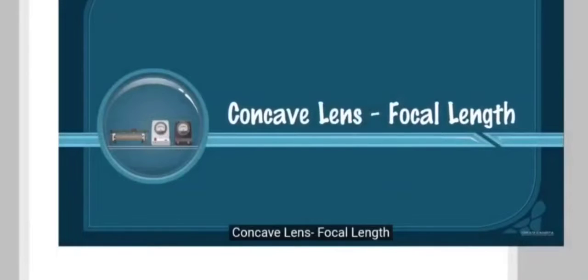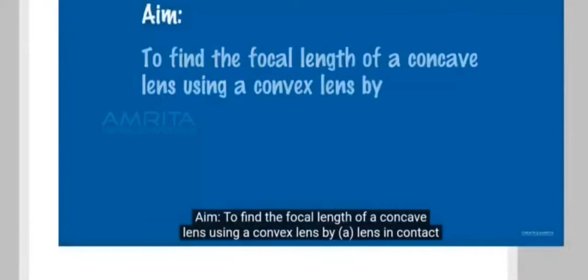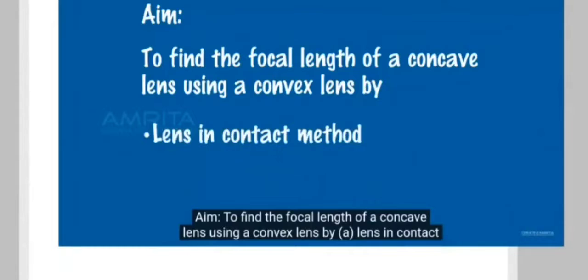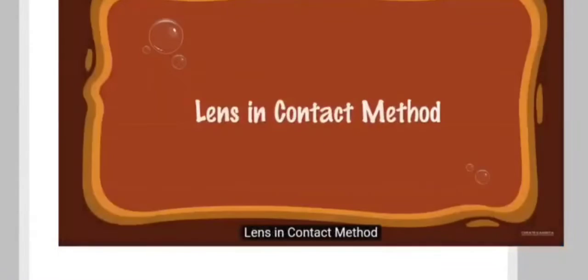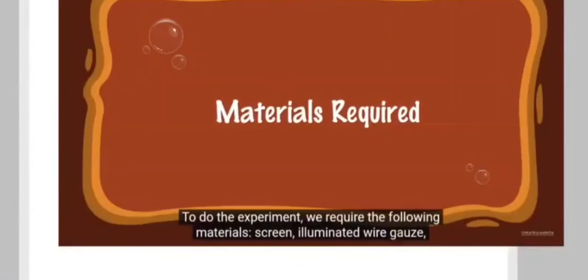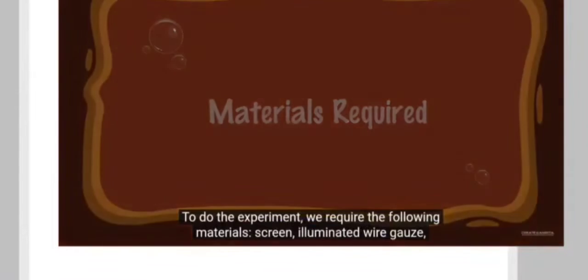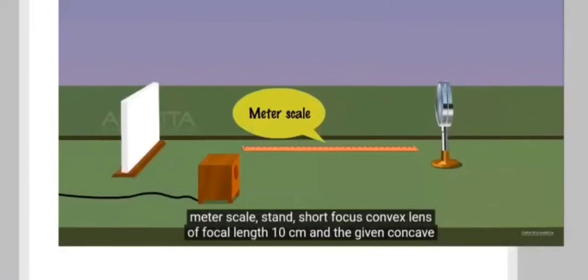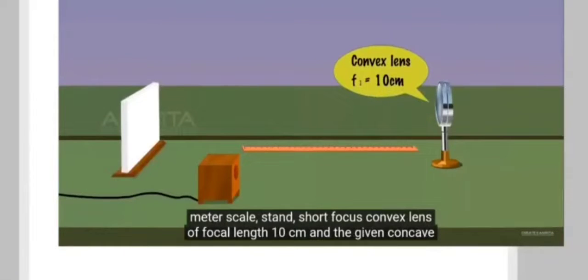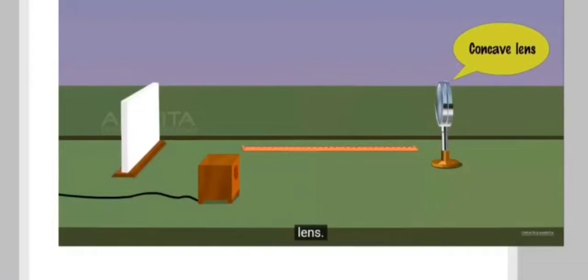Concave lens, focal length. Aim: to find the focal length of a concave lens using a convex lens by A, lens in contact method, B, lens out of contact method. Lens in contact method. To do the experiment, we require the following materials: screen, illuminated wire gauze, meter scale, stand, short focus convex lens of focal length 10 centimeters, and the given concave lens.